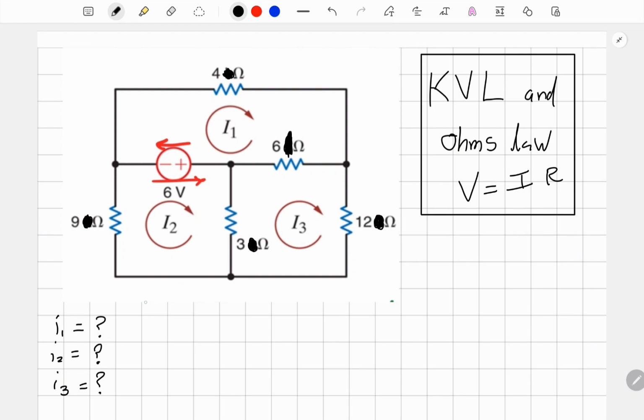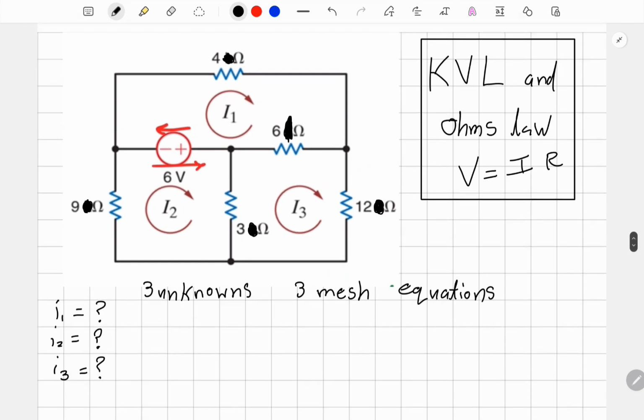So I have 3 unknowns, so I will need 3 mesh equations. And this applies to all circuits. However many unknowns you have is how many equations you'll need. So if I have 5 unknowns, I need 5 equations, for example.